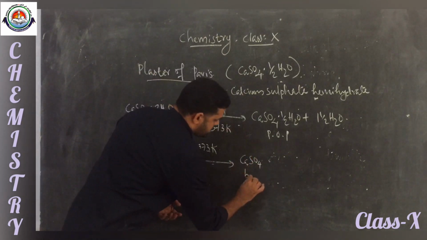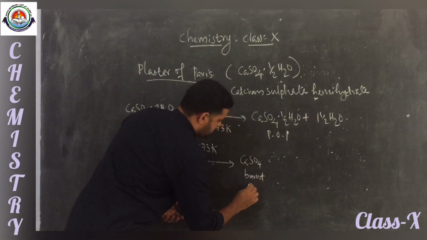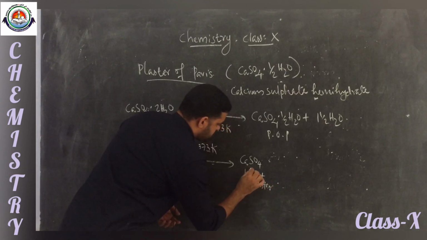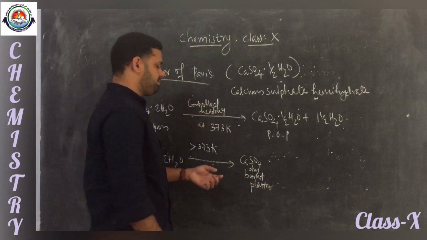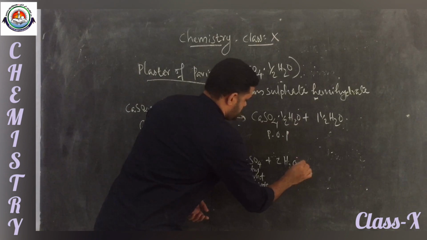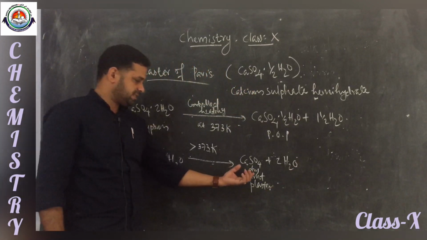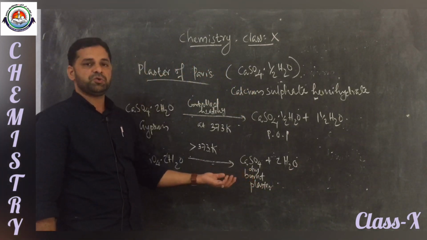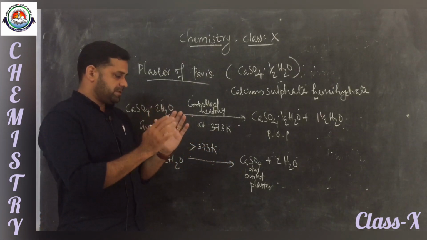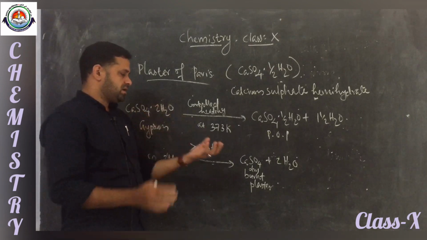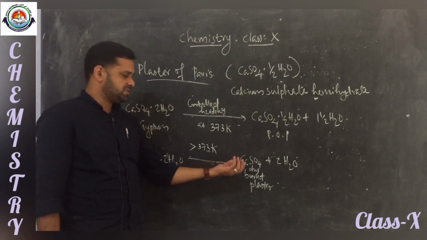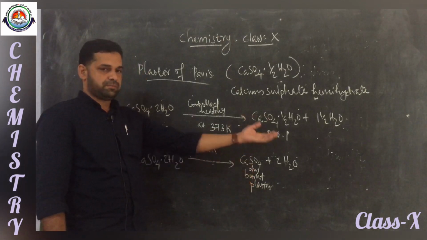So, this is burned plaster, dry burned plaster, and plus H2O. This dry burned plaster is of no use at all, because it becomes a tough substance which we cannot use for any other purposes.